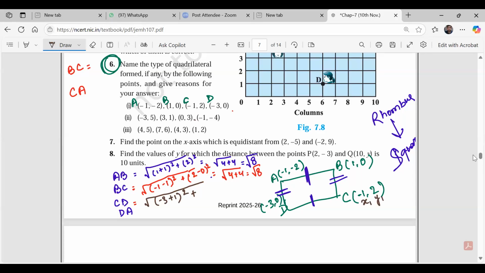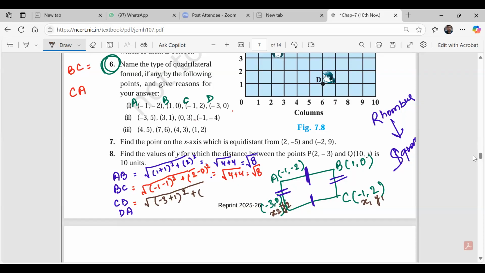This one is x1 y1, and this one is x2 y2. Again I am repeating, if you are getting confused you can write it this way. And if by mistake, whatever I have taken as x1 y1, you take that one as x2 y2 and the other one as x1 y1, don't worry, your answer will not change, because at the end you have to do is square.